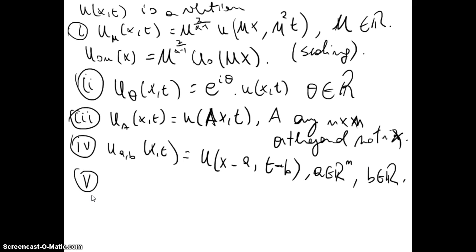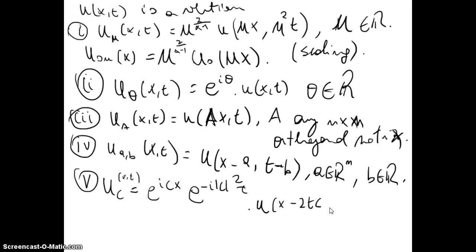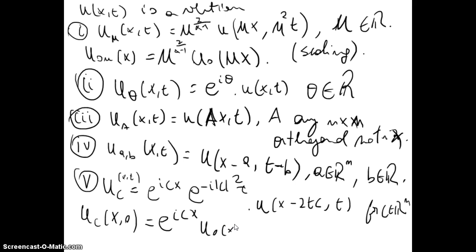Okay, another type of solutions, u_c is going to be equal to e^(i c x) e^(minus i c^2 t) multiplied by u(x minus 2tc, t), and this is for c in R^n, with an initial data u_c(x,0) equal to e^(i c x) u_0(x).